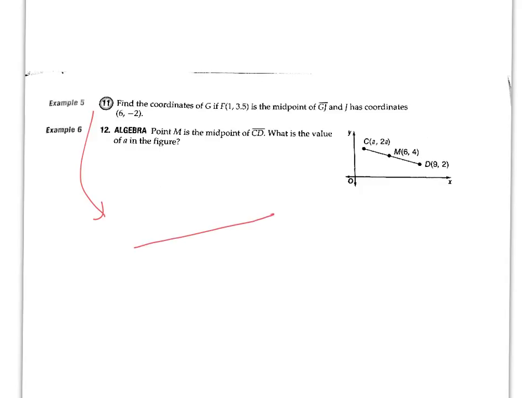So I'm going to draw a segment that is GJ, sorry. Okay, and I know J is at 6, -2. F is the midpoint, so I put it in the middle. It has coordinates 1 and 3.5. And it's asking me to find G.